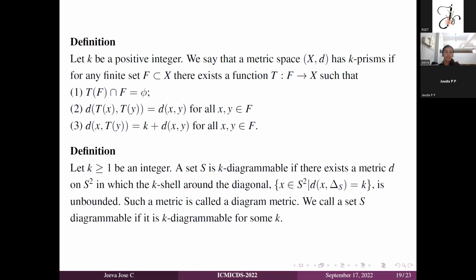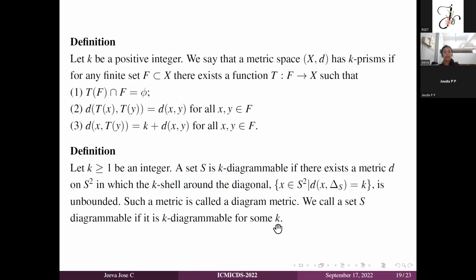And this is the definition of K prism. K is a positive integer, and we say that the metric space X, d has a K prism if for any finite set F subset of X, there exists a function T from F to X satisfying these three conditions. And for any integer K, we say that X is K diagrammable if there exists a metric on X square in which the K shell around the diagonal is unbounded. K shell means the set of all points that are at a distance K from the diagonal.